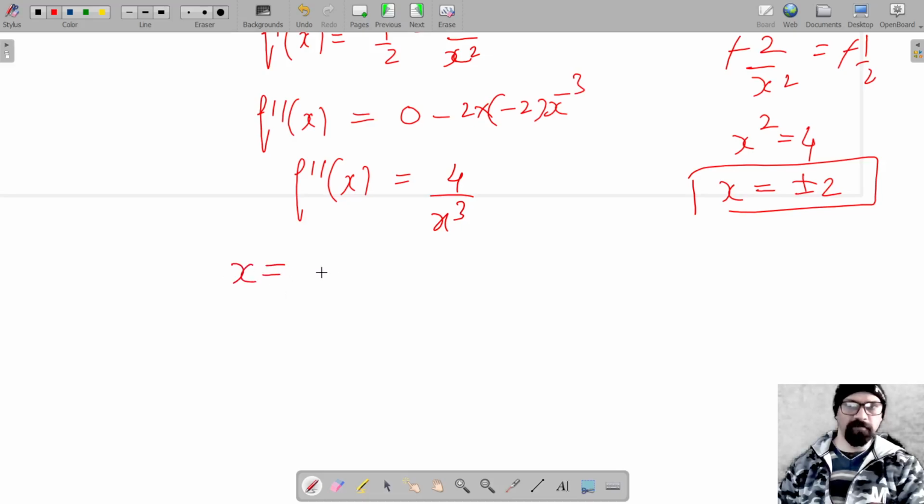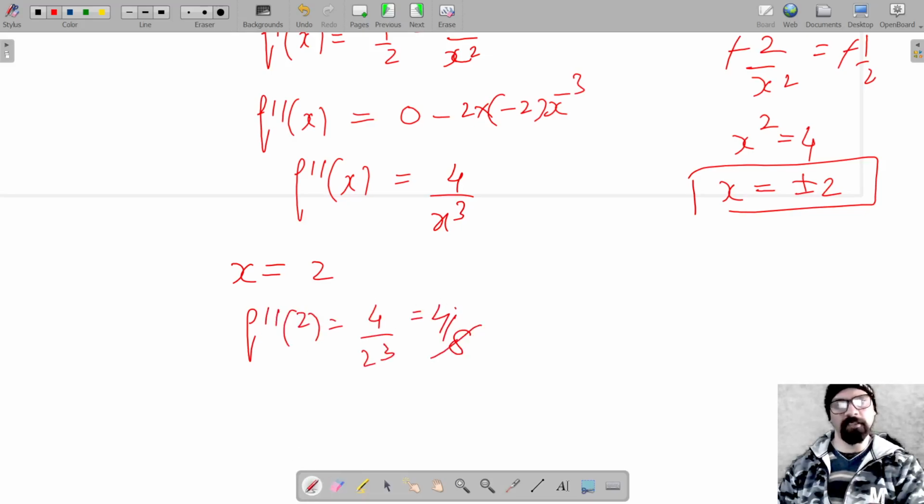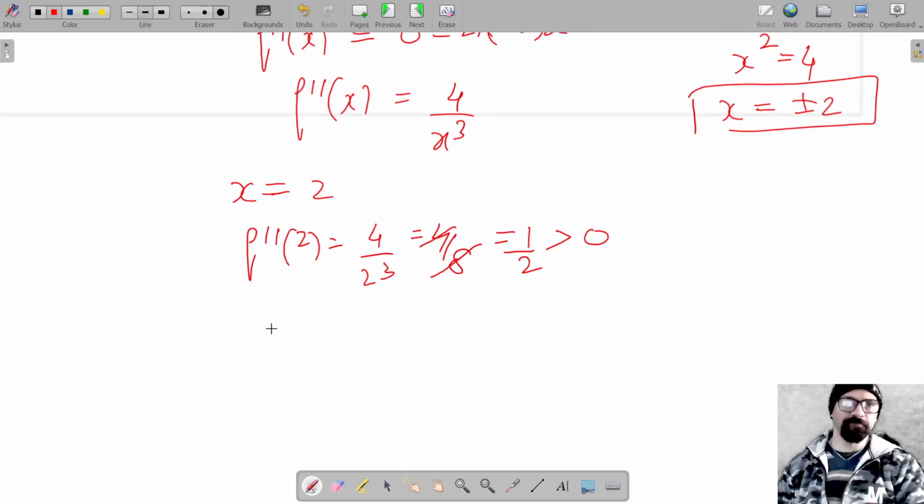When x is equal to 2, f double dash 2 is equal to 4 upon 2 cube, which is 4 by 8, that is half, which is greater than 0. So this is a point of maxima. So x is equal to 2 is a point of maxima.